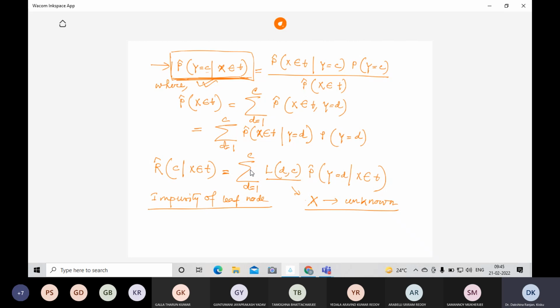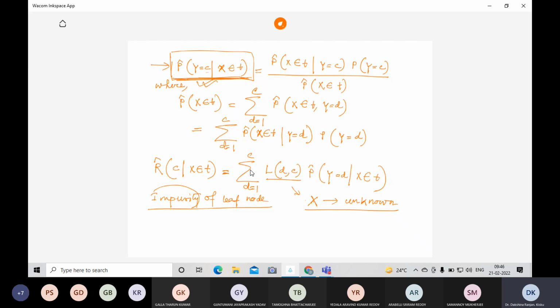Okay, so when it is gradually propagated through the intermediate nodes or the non-leaf nodes, and when it goes to the leaf node, at the leaf node the purity is found to be very high compared to the impurity of the root node.